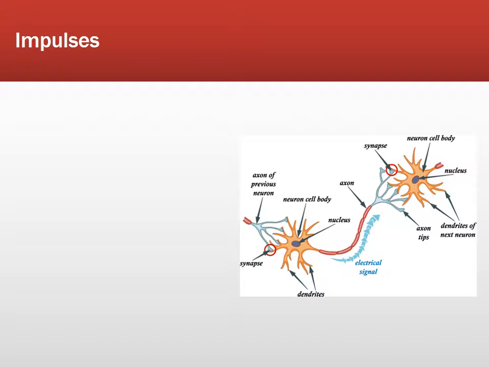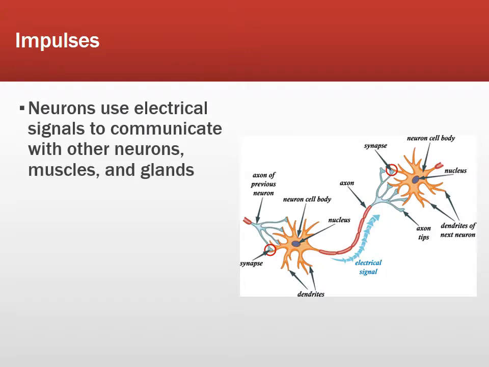We're going to be looking at impulses in general. We will be looking at this in a lot more detail in the coming lessons, but we'll give you a brief overview. The neurons use electrical signals to communicate with other neurons, muscles, or glands. In this drawing, you can see the connection between the axon of the previous neuron and the dendrites of the second neuron.